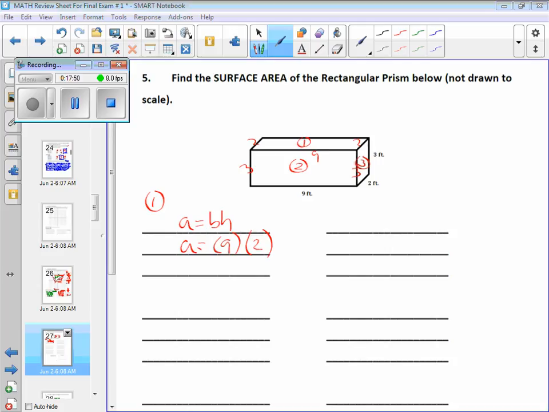We're doing number 1. 9 by 2, he's right. That's why I put that in there so you could see it. 9 by 2 for rectangle 1. I'm going to add it at the end and then multiply by 2 because I think it's easier.